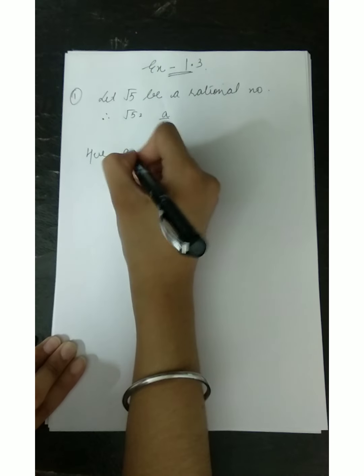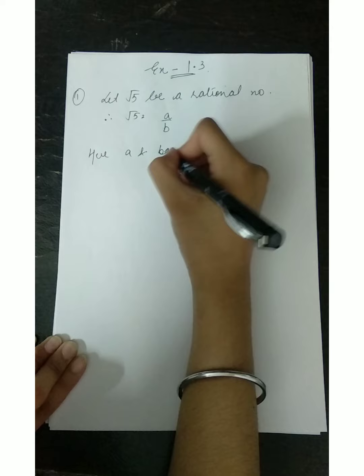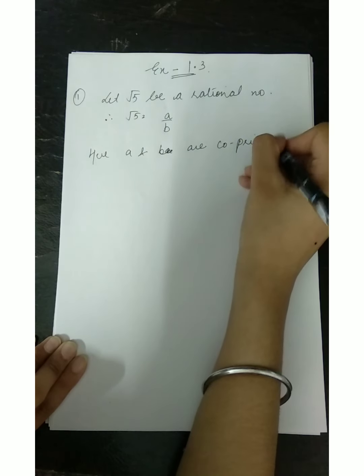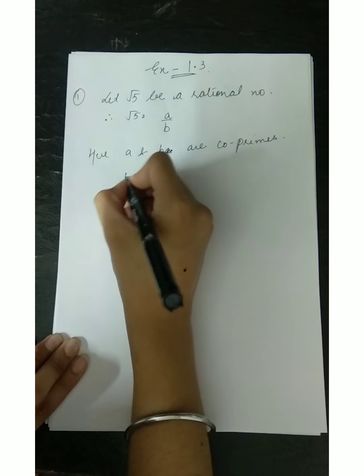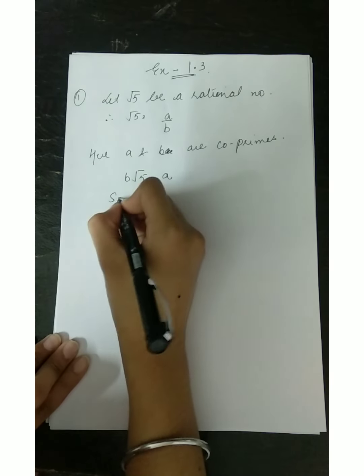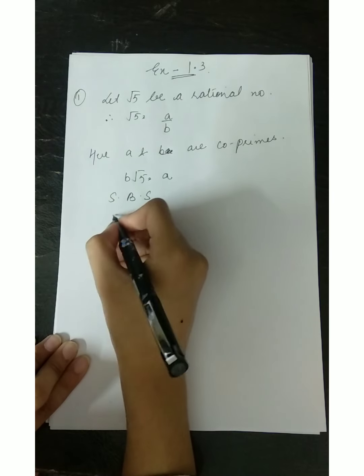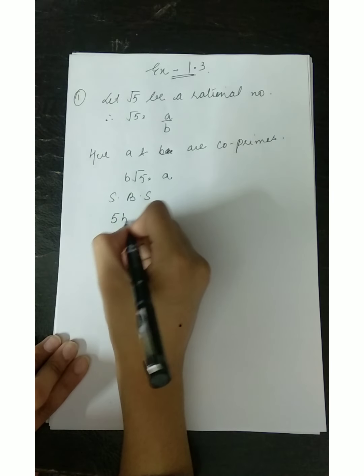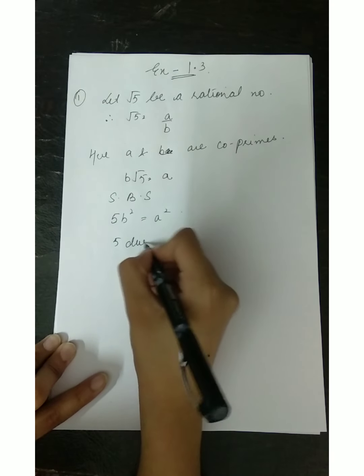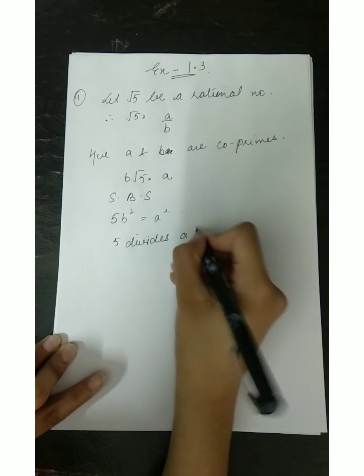Here, a and b are co-primes. Therefore, b root 5 is equal to a. Now squaring both sides, we have 5b square is equal to a square. Now 5 divides a square.